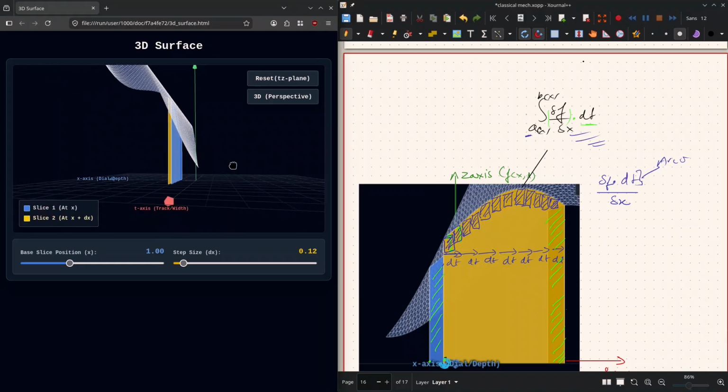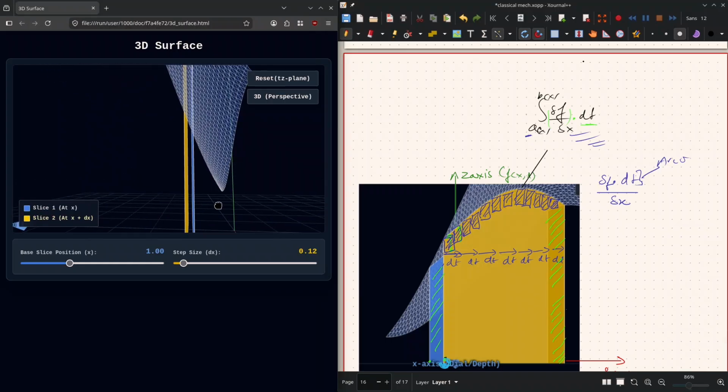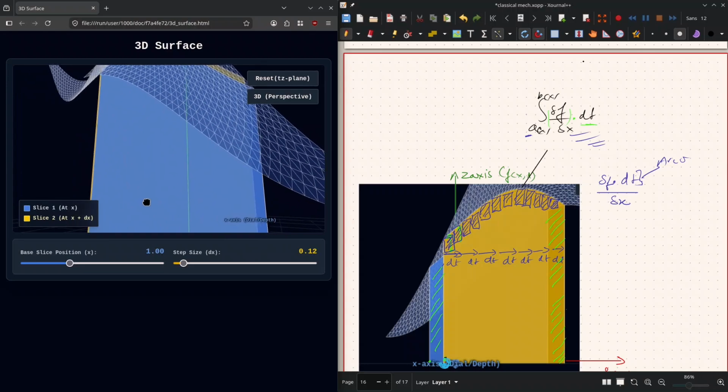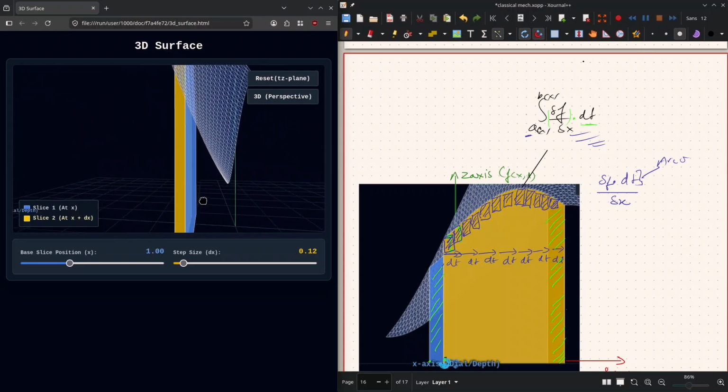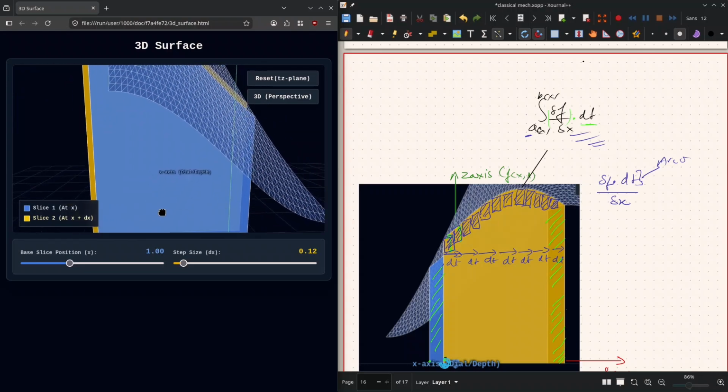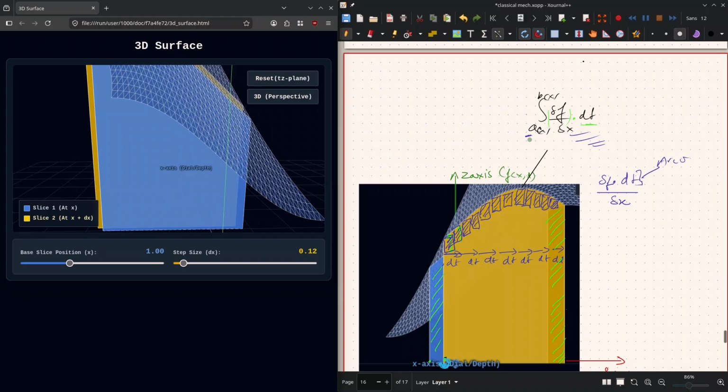See, we need how much the area changed. How much did the boundaries of T, which are defined by a of x and b of x, change when we took this step along x? This gives us the width of this patch, right?